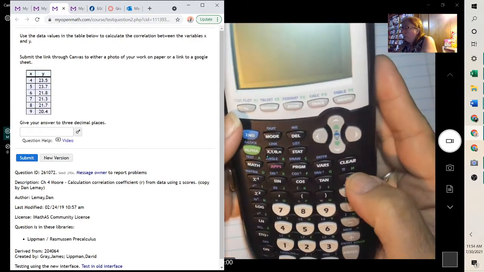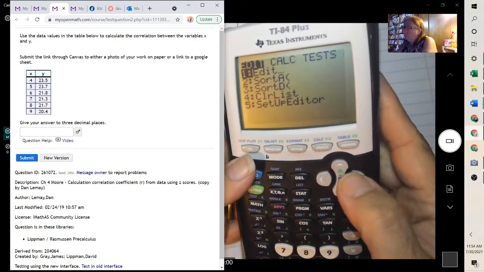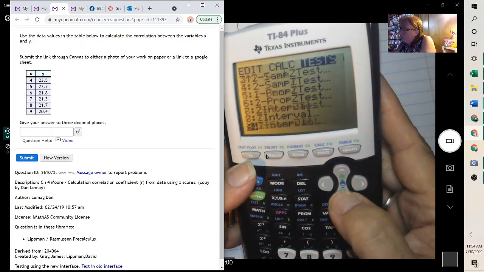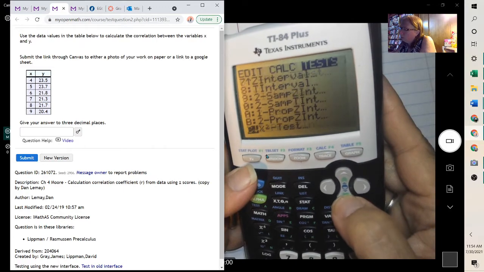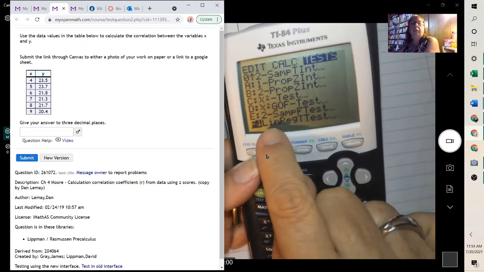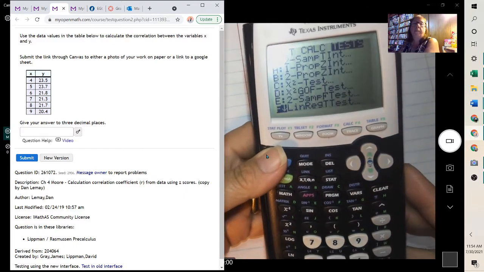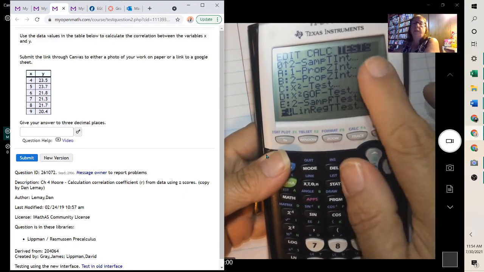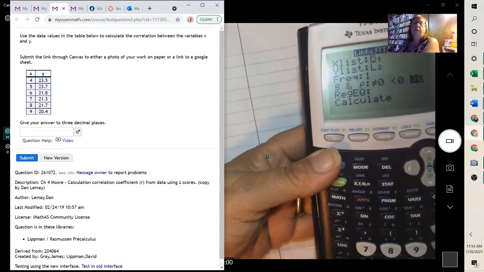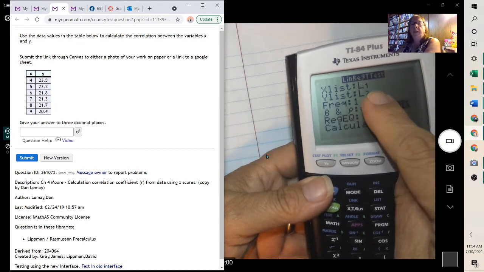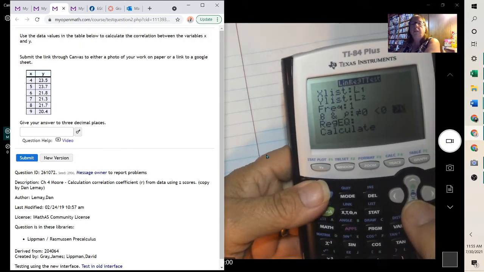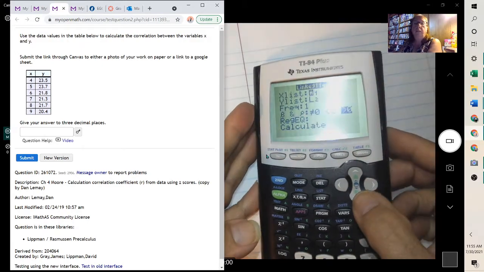For the correlation, I believe it's under test. Linear regression test. So you go to test and down to linear regression. You hit enter. You have to have the list L1 and L2.